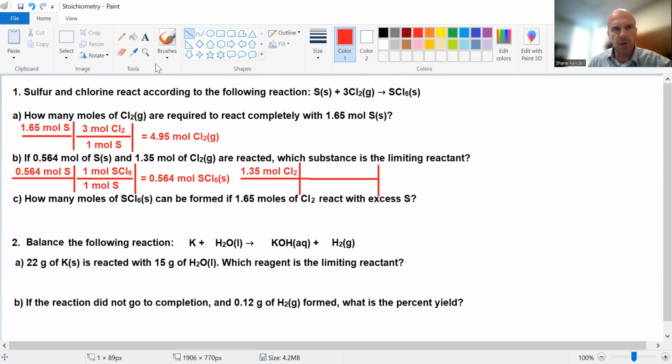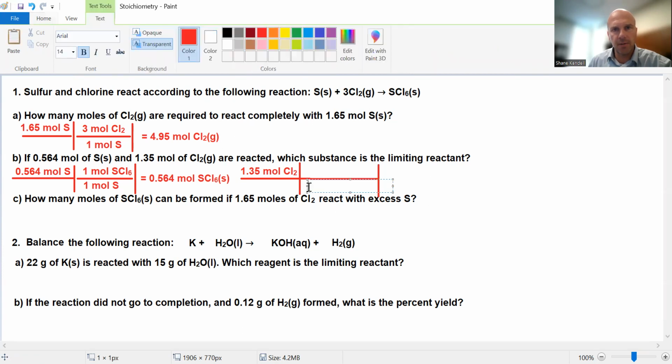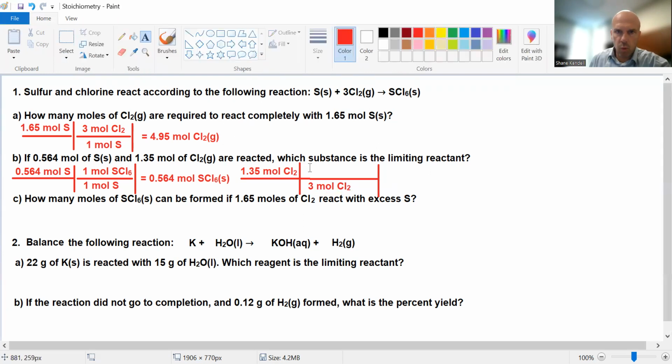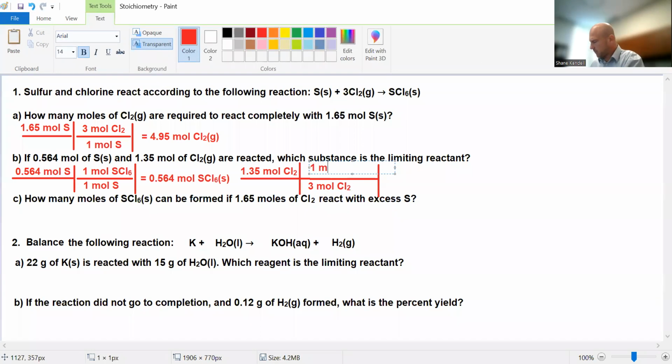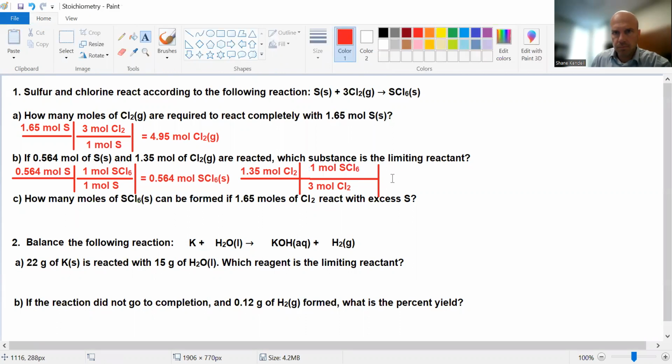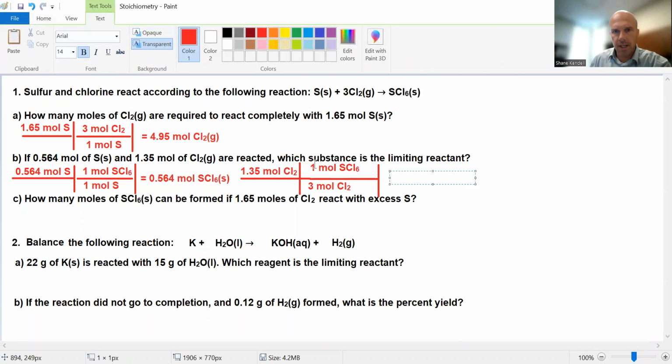So this time down the bottom, I'm going to have 3 moles of the Cl2 and 1 mole of the SCl6. Okay, and again, these 1s and 3s just come from here.